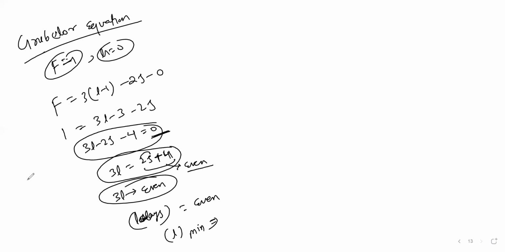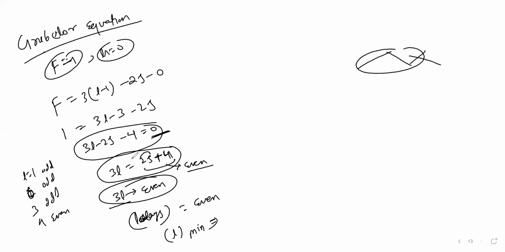If you take L equal to 1, you get odd. For 2, you get 6, even. For 3, 3 times 3 is 9, odd. And 4 times 3 is 12, which is even. So we can't consider 2 links; with 2 links you won't get a mechanism. So the minimum number of links should be 4 to get a mechanism.